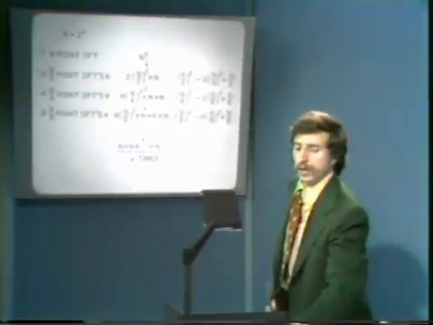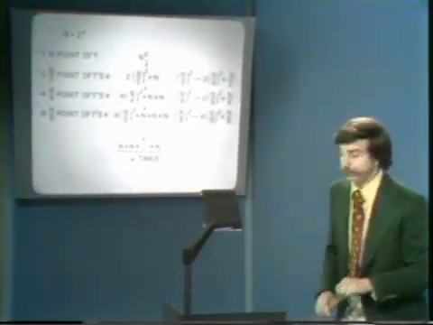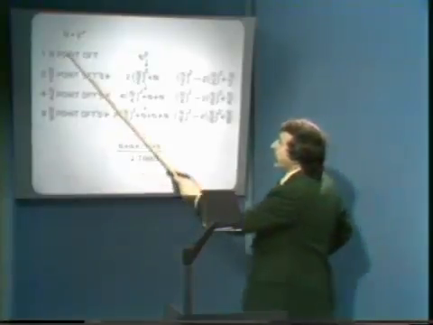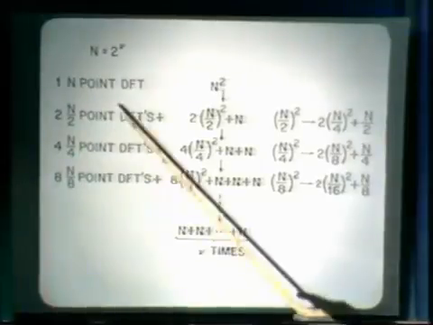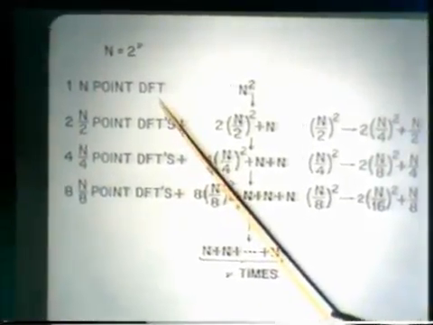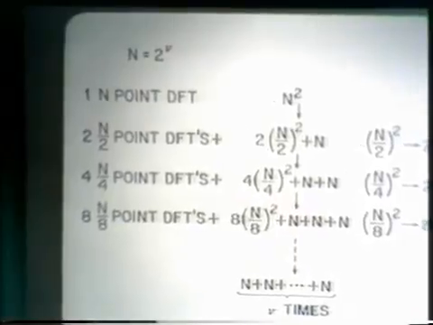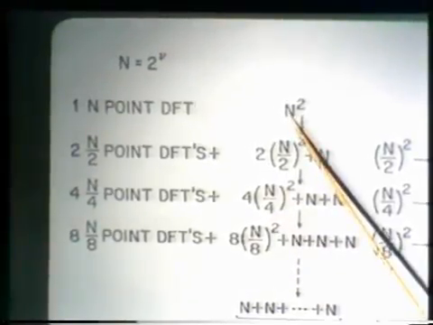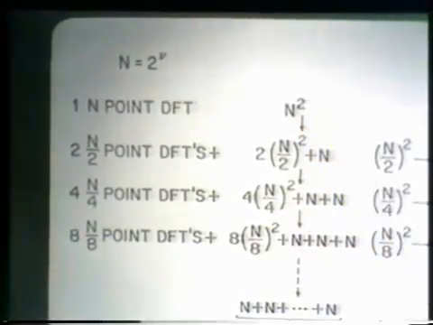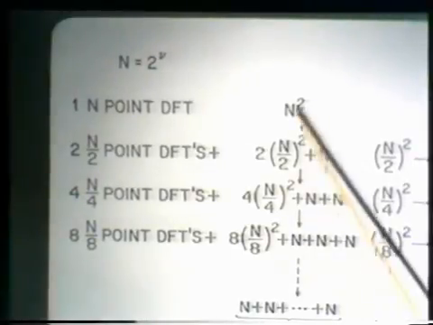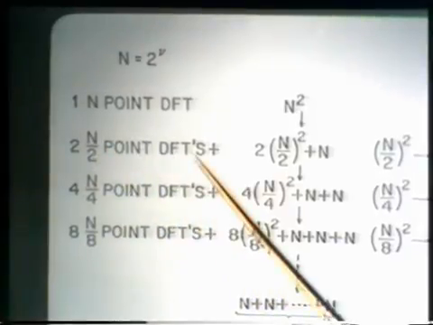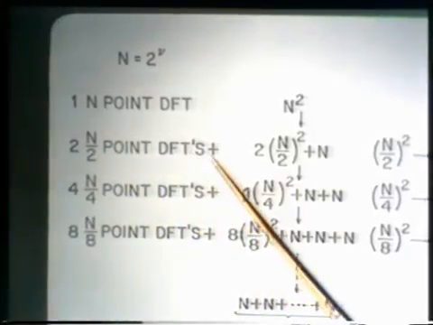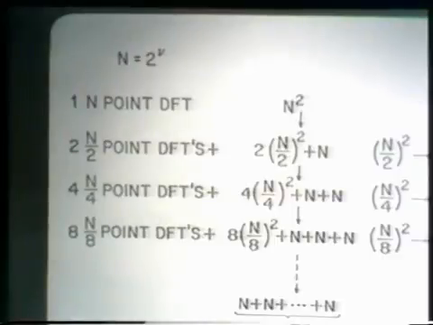All right, well, having carried this all the way back to the 2-point DFTs, let's see what this has accomplished for us in terms of computational efficiency. We began with N equal to a power of 2. We thought about computing a direct discrete Fourier transform, but that involved N squared complex multiplies and adds. Instead of that, we broke the computation into two N/2-point DFTs plus some diddling to fit those together.